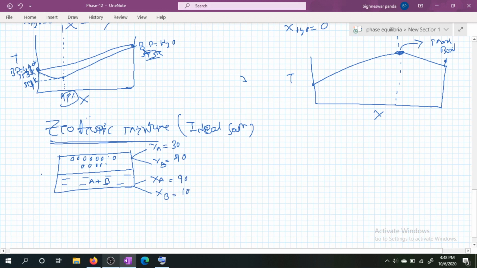So for a zeotropic mixture, what happens? Consider two components. A is more volatile than B. Since A is more volatile than B, here I have taken pure B, here I have taken pure A. A is more volatile, which means it has a low boiling point, and B has a higher boiling point.